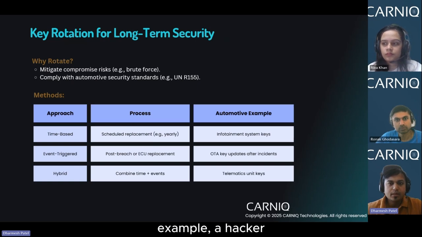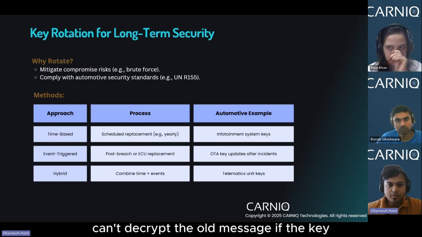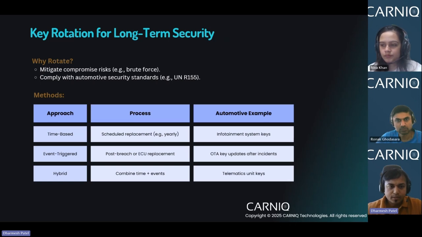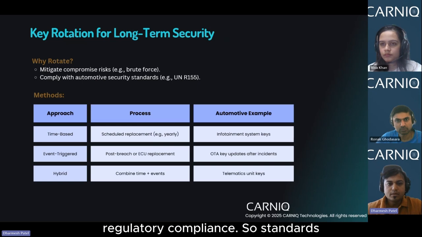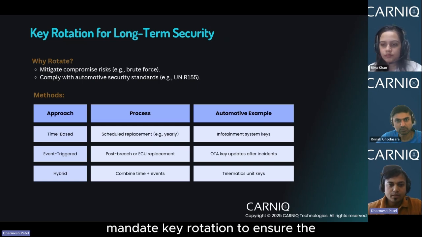For example, a hacker intercepting the CAN bus traffic can't decrypt the old messages if the keys are regularly changed. And second, we need to rotate because of regulatory compliance. Standards like UN R155 mandate key rotation to ensure vehicle cybersecurity.